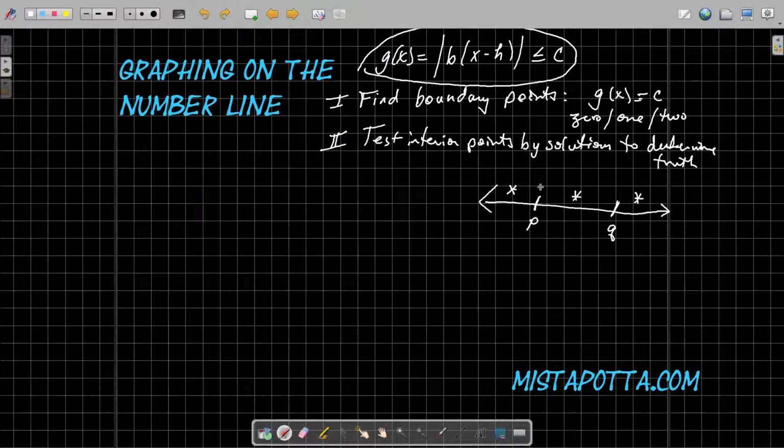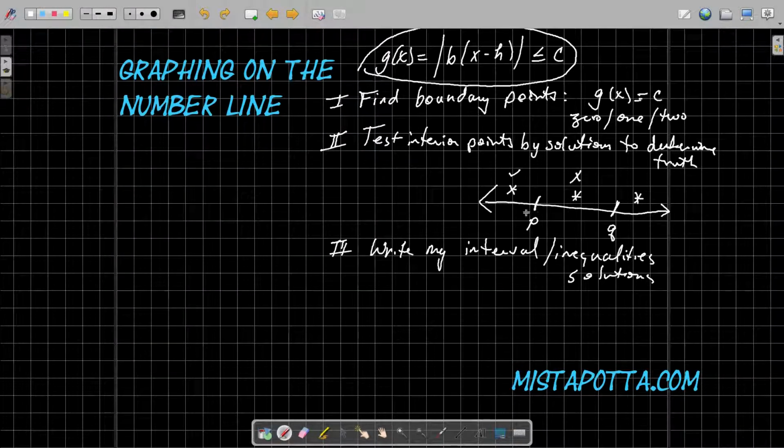And the idea is that testing and finding out yes it is true or no it's not true, that's going to allow me to write my intervals or inequality solutions.